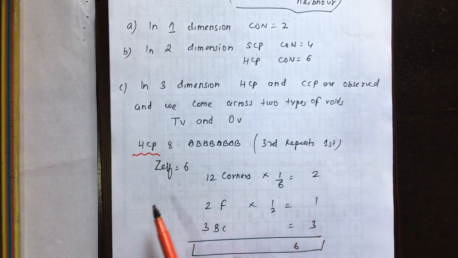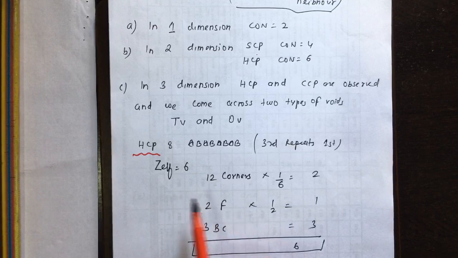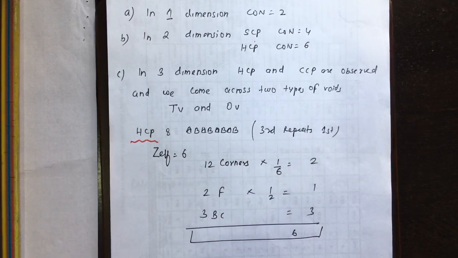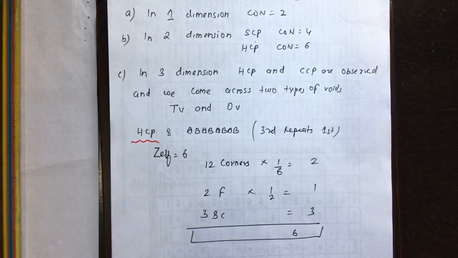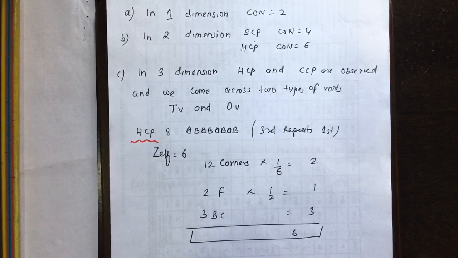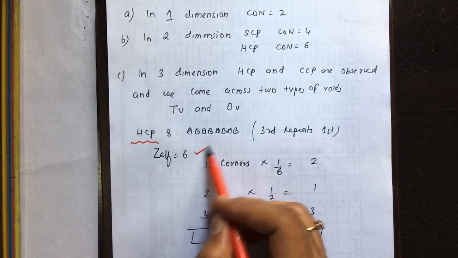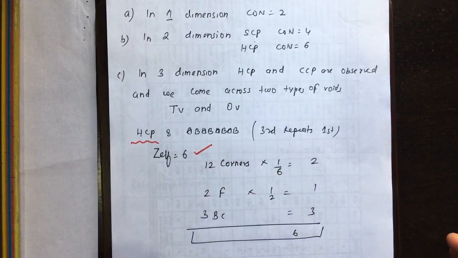If you talk about the Z effective, meaning effective number of atoms present in the hexagonal close packing, that comes out to be nothing but 6. And this is also very important. They will ask you in case of HCP, what is the unit cell content? That is nothing but 6.